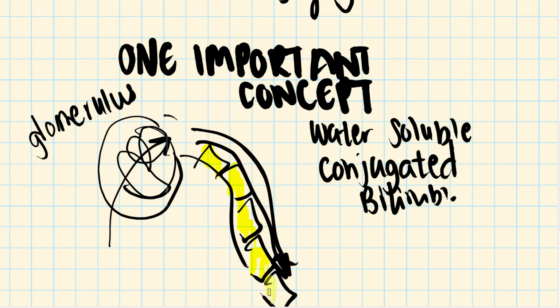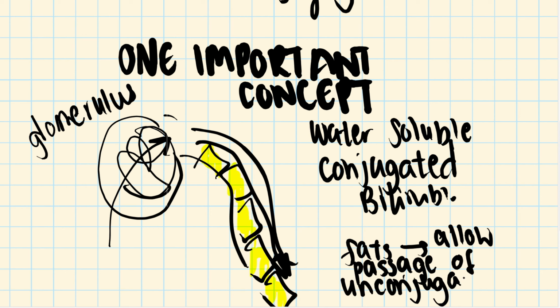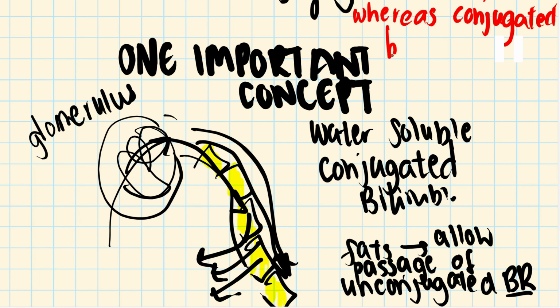Fair enough, it can. But fats allow for fat-soluble substances to be reabsorbed, and that allows for regulation. You know, homeostasis, that's what allows for regulation of bilirubin.